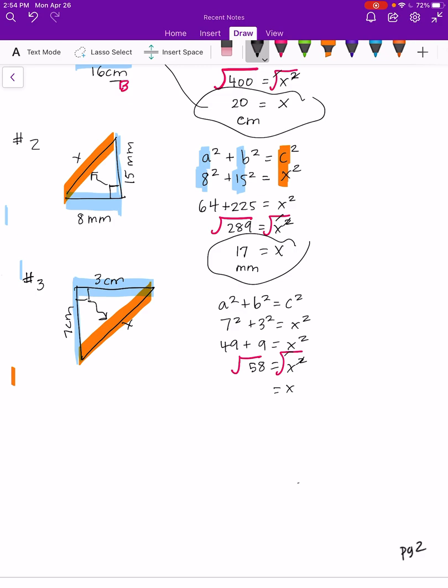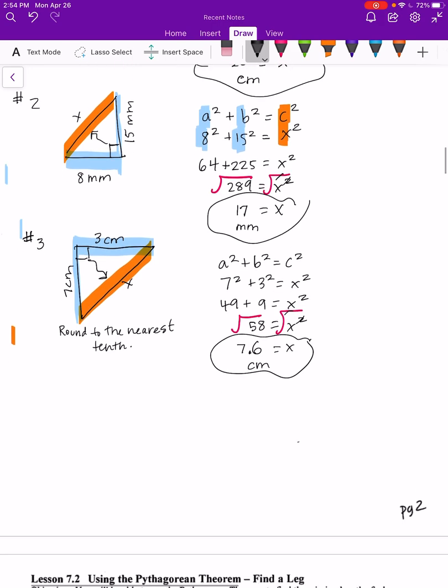Now, when you do the square root of 58, it's an irrational number. It goes on forever. So a lot of times you'll see some kind of directions to round to the nearest. And this time we're going to round to the nearest tenth. So if we round our answer to the nearest tenth, that would be 7.6. And those would be centimeters.